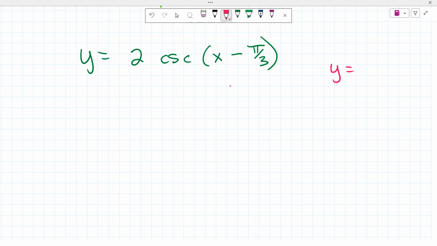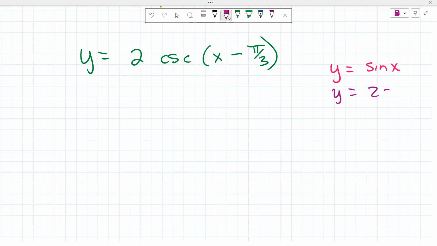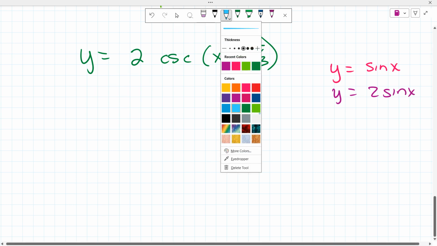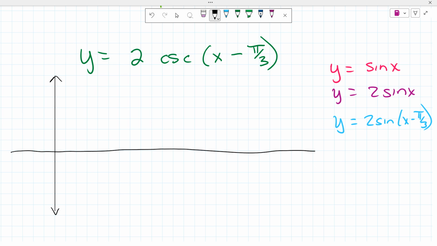Y equals sine of x. Then I'm going to graph y equals 2 sine of x. Then I'm going to graph y equals 2 sine of x minus pi over 3. Once I get those done, then I'll put in asymptotes and figure it out.